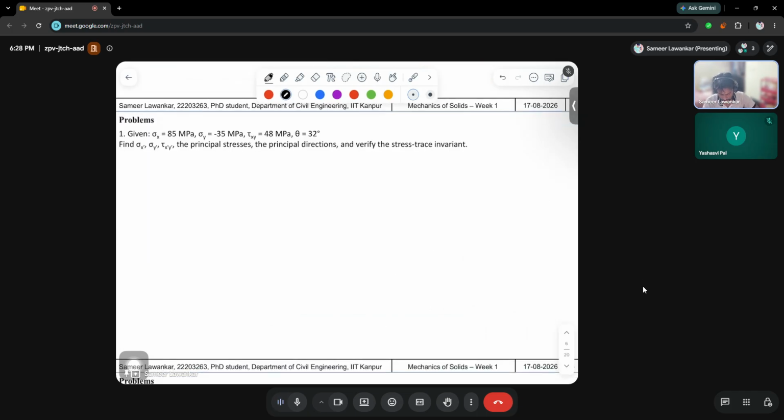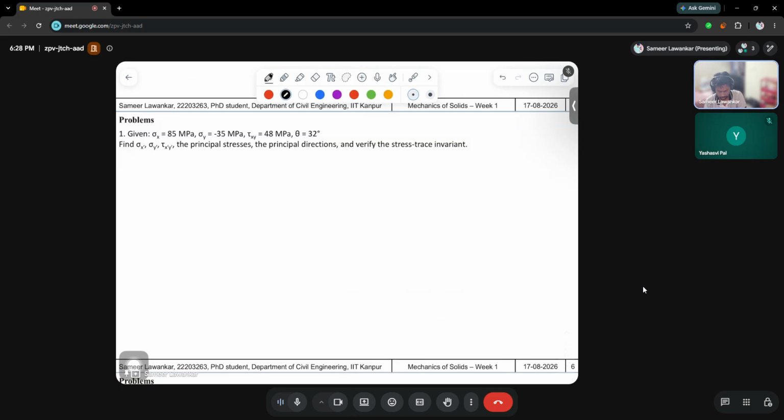Okay, fine. So let us move to the first problem. Before that, I will explain the agenda for solving all these questions. The main purpose of these questions is to understand the next concept, the Mohr circle. Before going to the Mohr circle, we will try to understand each aspect of resolution of forces.